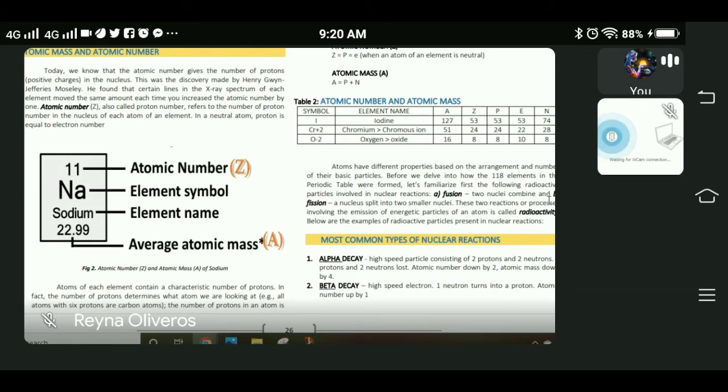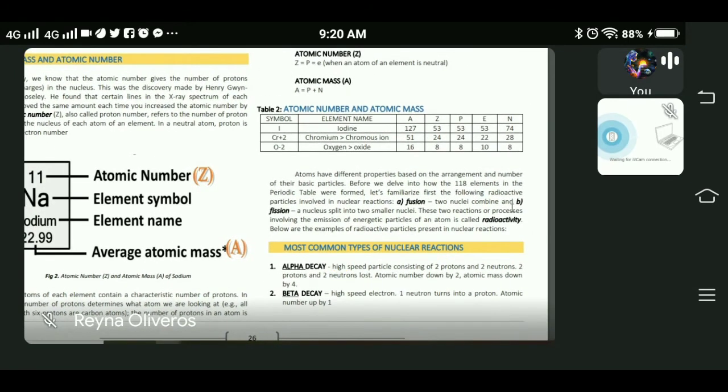What we call that reaction is radioactivity. Radioactivity is the process that involves the emission of energetic particles of an atom.